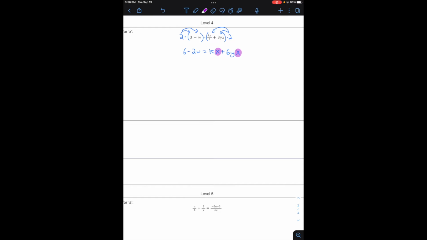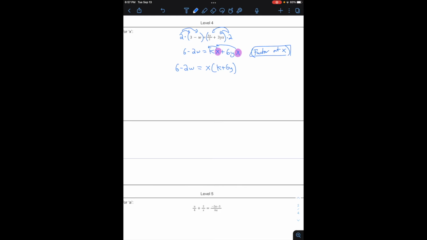And so now that we're structured like this, we can look to factor out x. That's our technique to deal with x without being able to combine like terms so easily. So we're going to factor out x from both of these terms. We'll get 6 minus 2w is equal to x times k plus 6y.